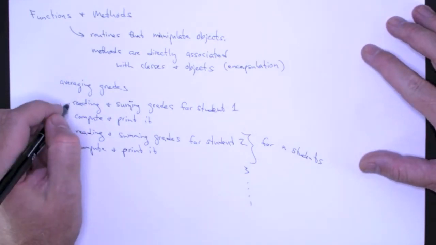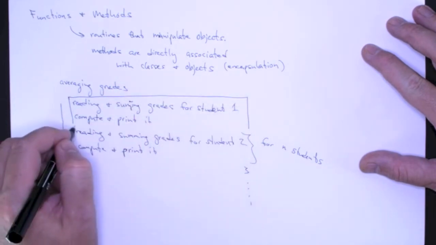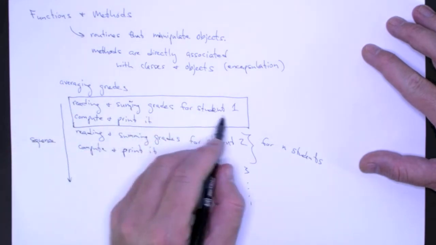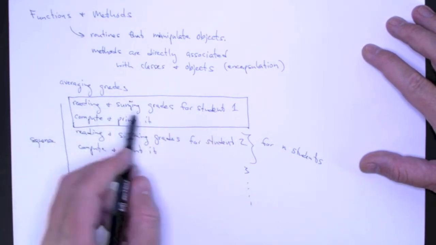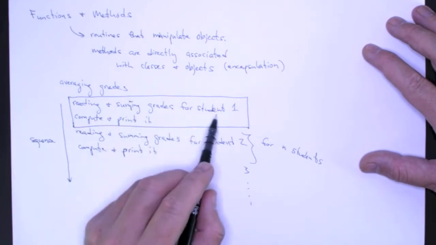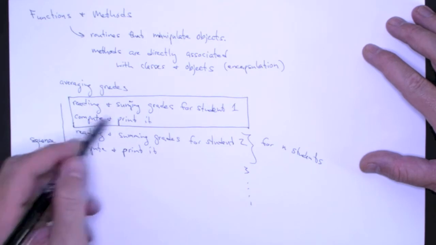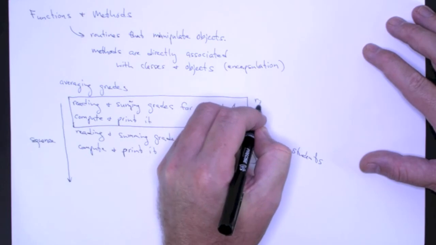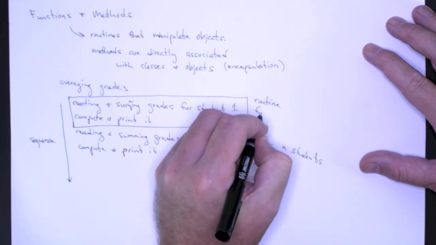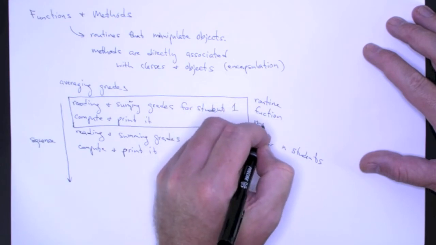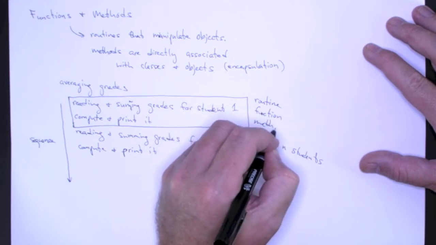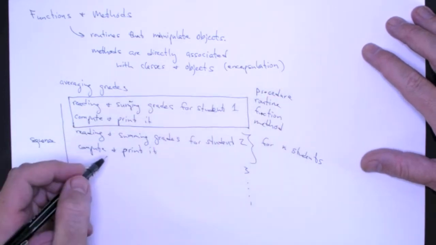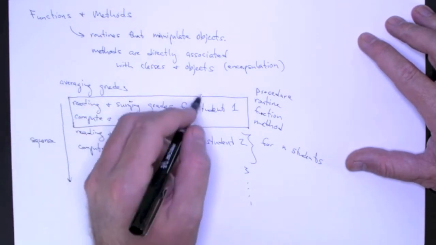So what I could do is simply write this routine one time, and then I can just give it students' information. There's nothing particular about this operation for student 1 versus student 2. They're all the same operations. So I could create a routine or a function or a method, or a procedure, that simply averages grades regardless of who the student is.